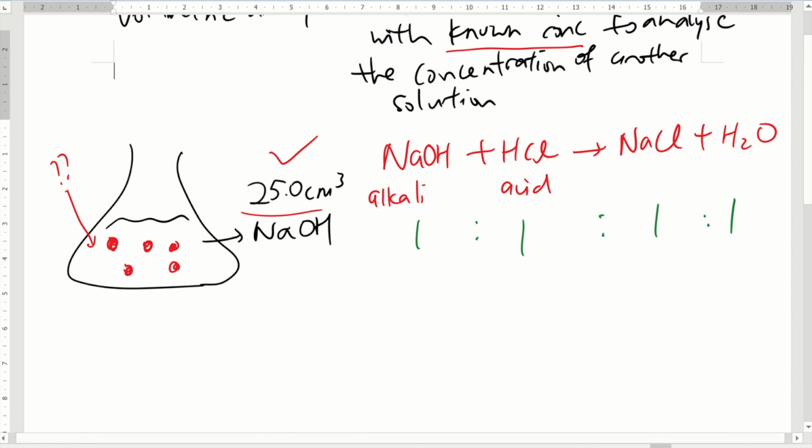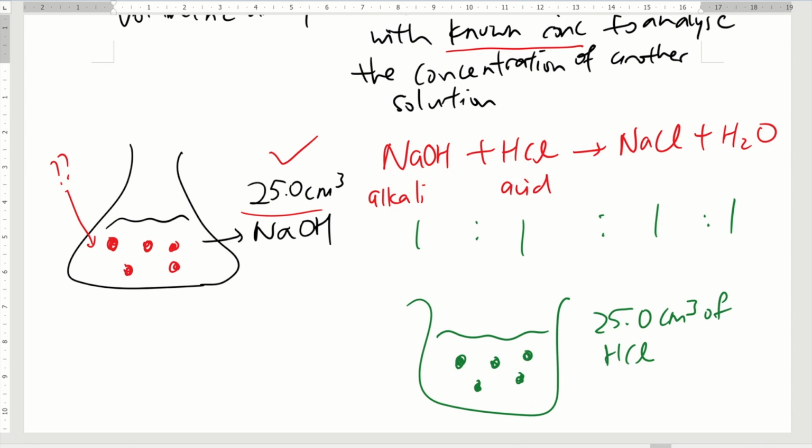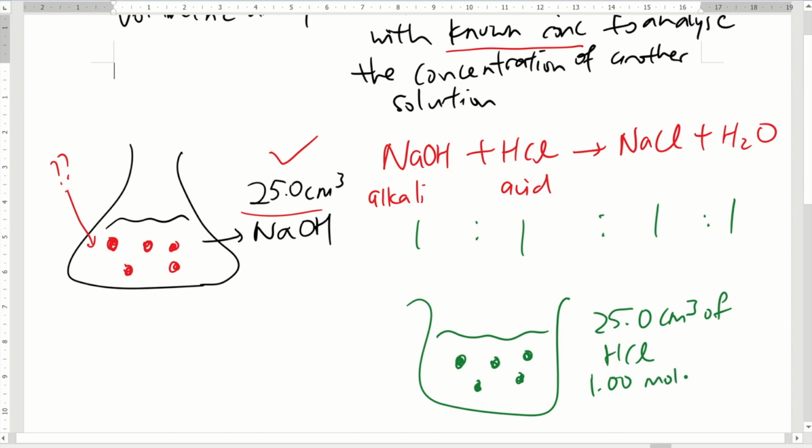To react them completely, I realized that I actually use 25 cm cube of HCl. And I know that the concentration of my HCl is 1 mole per dm cube.